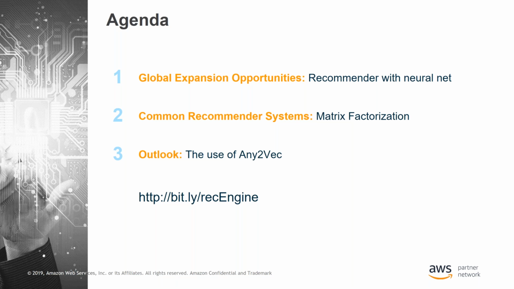We're going to take a look at the origins of recommendation systems, and that involves a pretty simple math problem that we generally call matrix factorization. And then we're going to take a look at a new product that we offer as a SageMaker built-in, which is really the origin of this whole series, which we call Object2Vec, but we call it also AnyToVec, and you'll see why in a few moments.